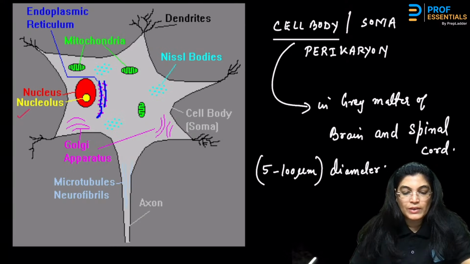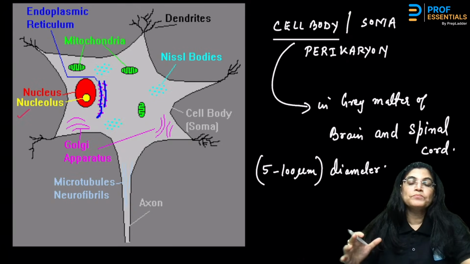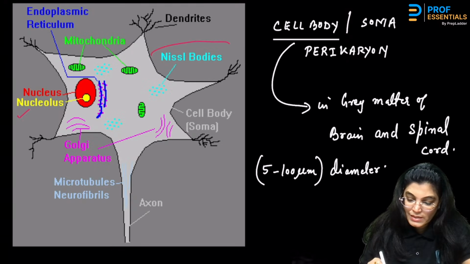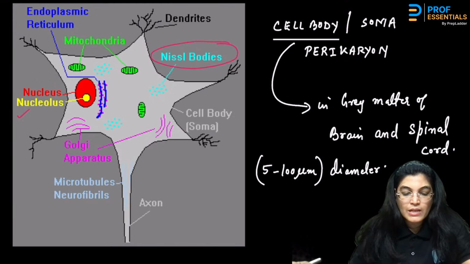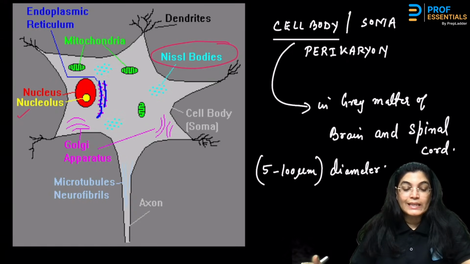And if I talk about important structures, in the cytoplasm of the cell body there are Nissl granules, also called Nissl bodies. The cytoplasm of the cell body is basophilic.